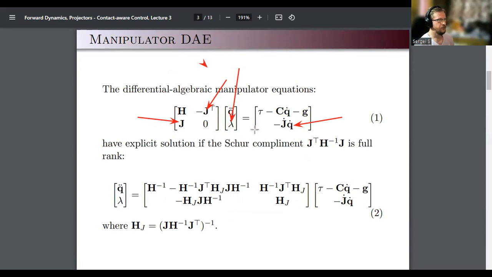And those explicitly tell you the manifold on which you will stay. Also, they tell you about the subspace of accelerations where they live, and how you're going to stay there, because those reaction forces will enforce it.